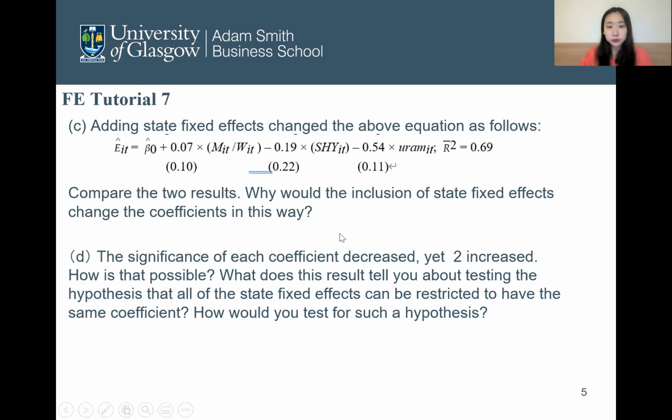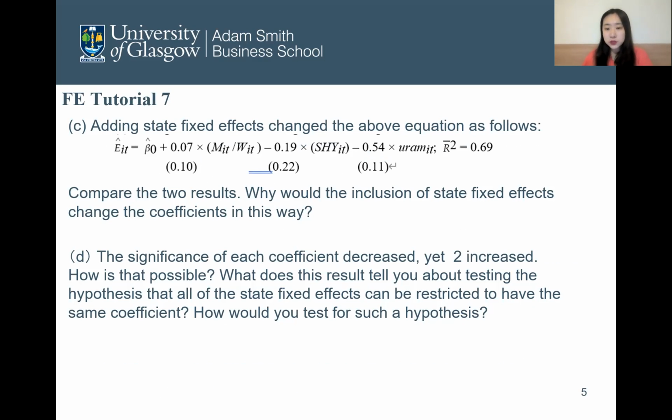The significance of each coefficient decreased, yet R squared increased. How is that possible? What does this result tell you about testing the hypothesis that all the state fixed effects can be restricted to have the same coefficient?